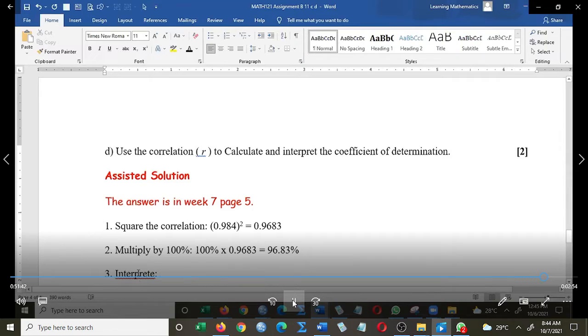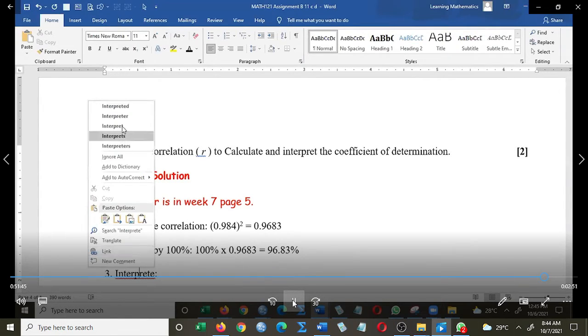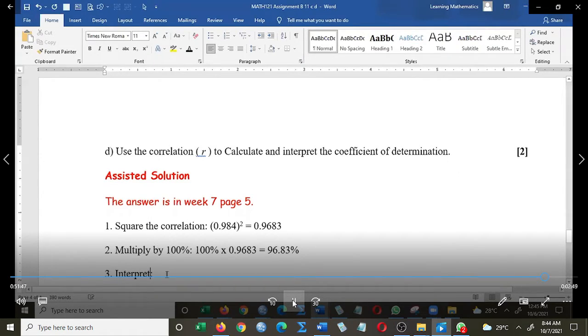All right. Interpretation, therefore, we can say hence 96.83%.